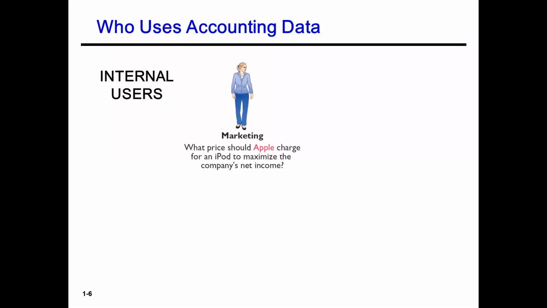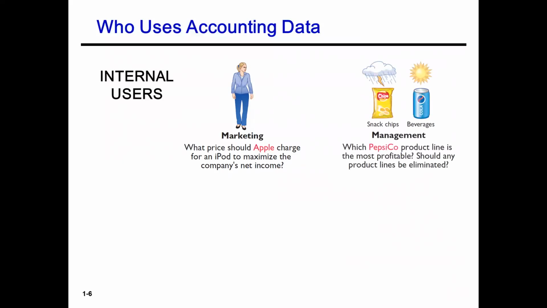So you can see, in a company, you might have people that work in marketing that will need to know what the cost of making a product is in order to determine what is the proper price that should be put on the product for sale to the customer. Management is another area of the company. This is the CEO, the CFO that has to determine what products the company should invest in to sell.